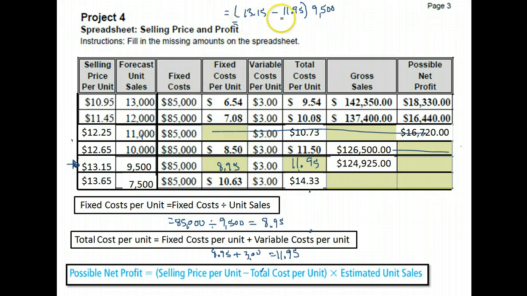Do your parentheses first. So 13.15 minus 11.95 gives us $1.20, and take that times 9,500. Okay, that gives me $11,400, and I would put that right here in my spreadsheet.